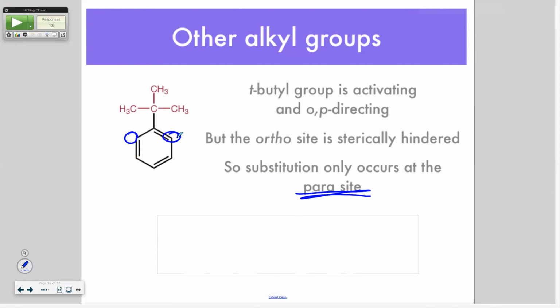Okay. When you did lab, you did benzene plus T-butyl chloride and AlCl3, and you put a T-butyl group on the benzene. Well, once you make this, it's more reactive than the benzene, and so it reacts a second time. And it's very difficult to make T-butylbenzene because of that.